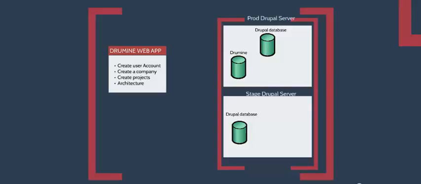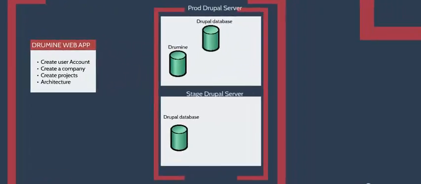The second part is a Drumine app, that is a Node.js app that will be installed in every server that has a Drupal environment on it. When you install the Drumine app in the Drupal servers, if it's the production server, the Drumine app will take care of creating the Drumine database with the sequence values, and also creating triggers in the Drupal database in order to avoid the auto-incremental assignation for IDs.